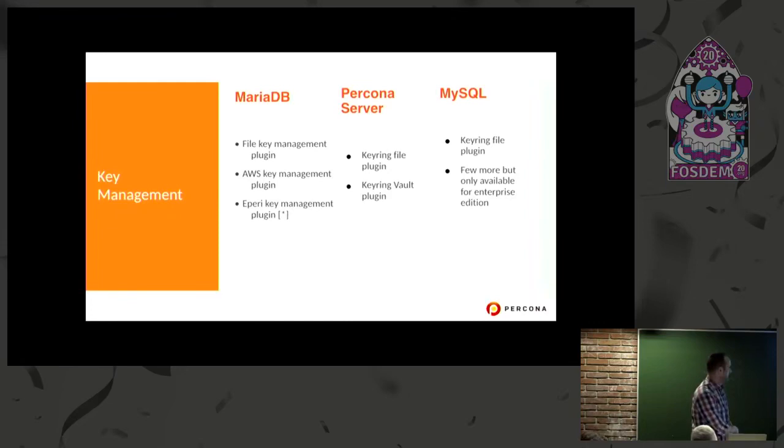One important thing is that all of them support multiple keyring plugins, but only one keyring plugin should be enabled at a time. Enabling multiple keyring plugins is not supported, and it can result in data loss. And the real problem is that if you enable multiple, the server won't complain.